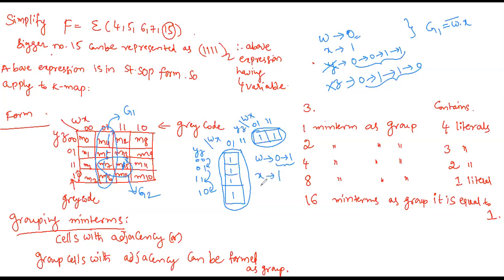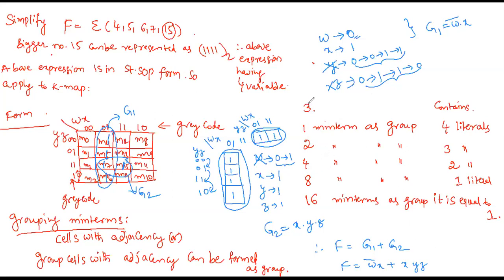Y value, Z value also not changing. These are 1. So whichever variable is varying, strike out the term. So G2 is equal to XYZ. So the final expression, F is equal to G1 plus G2. G1 is equal to W bar X. G2 is equal to XYZ.